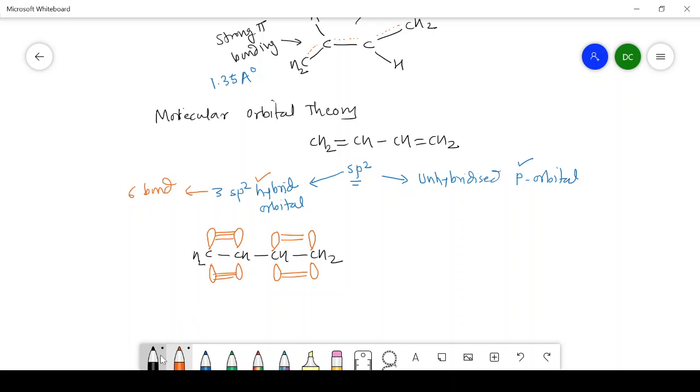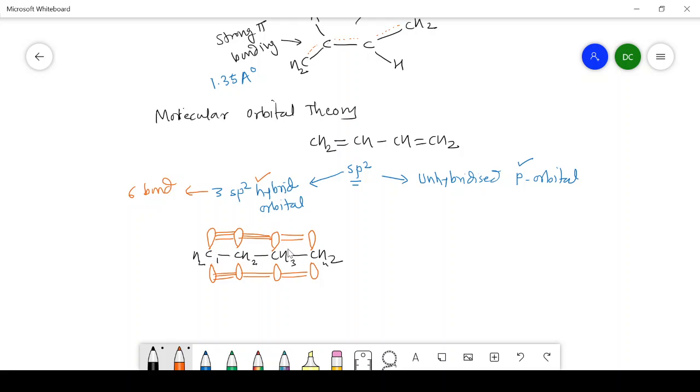Now, if I number this carbon, this is the first carbon, this is second, this is third, and this is fourth carbon. The p orbitals present on carbon number two and carbon number three undergo overlap, and due to this overlap, the pi cloud which is generated covers all the four carbons.